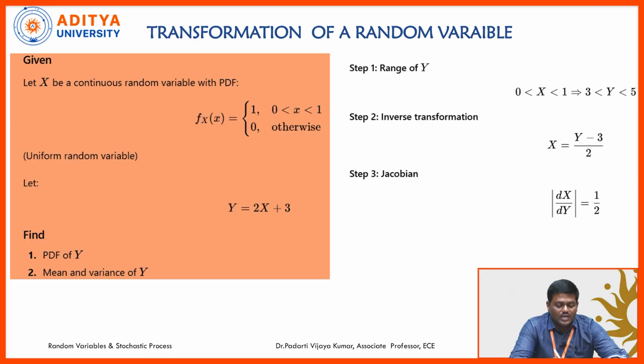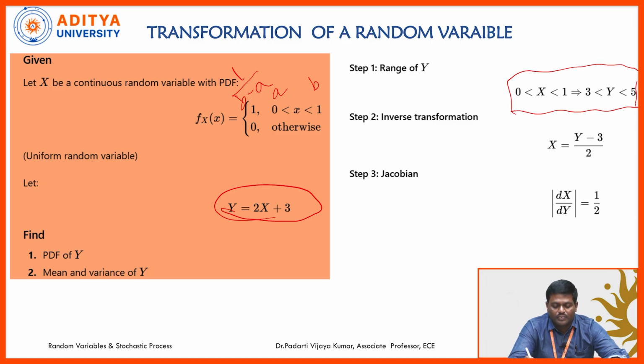And this is another problem which is related to monotonic transformation. Monotonic transformation, given it is a uniform random variable. This is a, this is b, this is 1 by b minus a. And the range is given 0 to 1. So, when range is from 0 to 1, y will become, based on the relation y is equal to 2x plus 3, the y range will be 3 to 5, and dx by dy is 1 by 2.